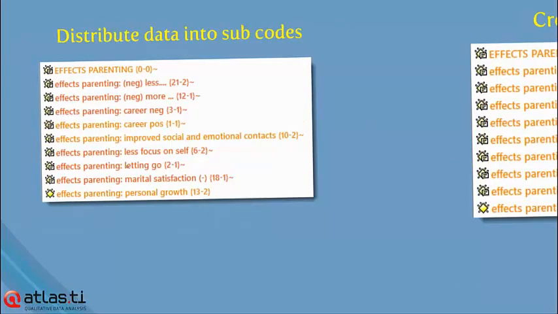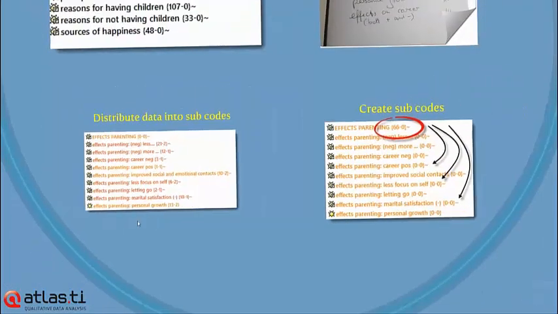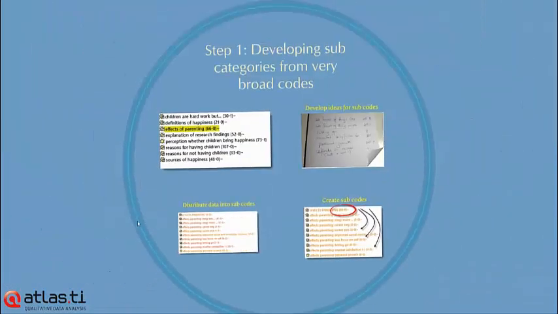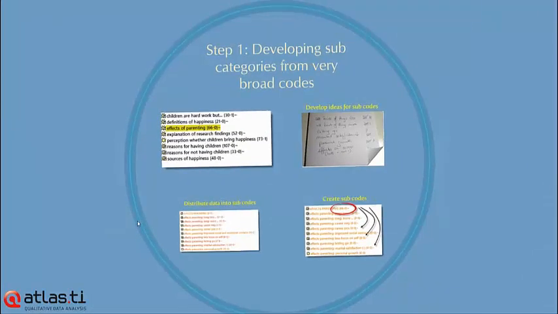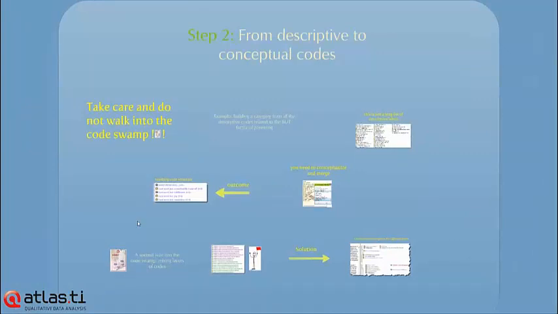After developing it first, you continue coding, and there might be more ideas coming, and you may already work with the prefixes here. There will be more cycles of adding data into the subcodes. So that's very briefly how to go from broad codes to subcodes, and all of this shows you how you go from the descriptive to the conceptual level.